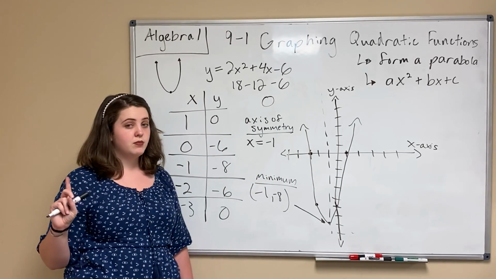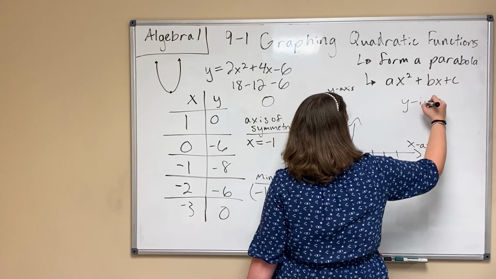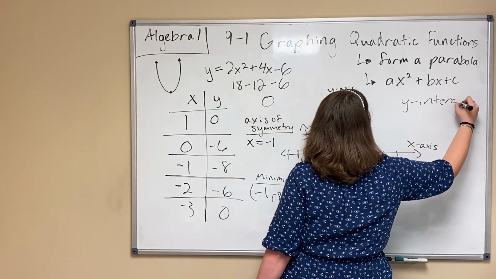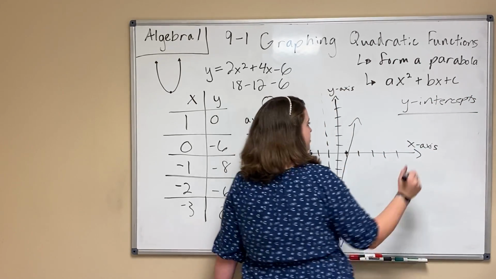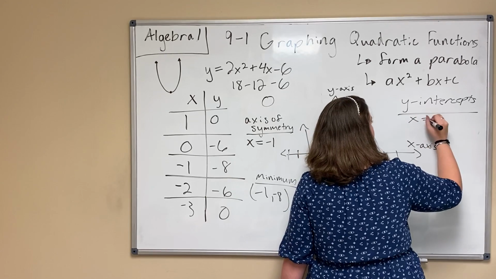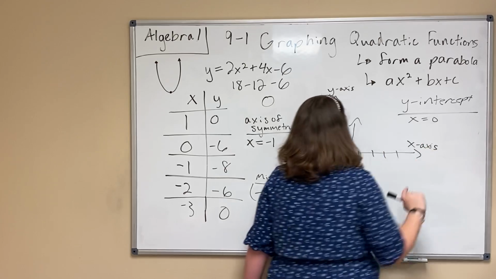One other thing you might be asked to find is the y-intercept. Now you guys are already really good at finding the y-intercepts of graphs. We know that the y-intercept is the place where x equals 0.